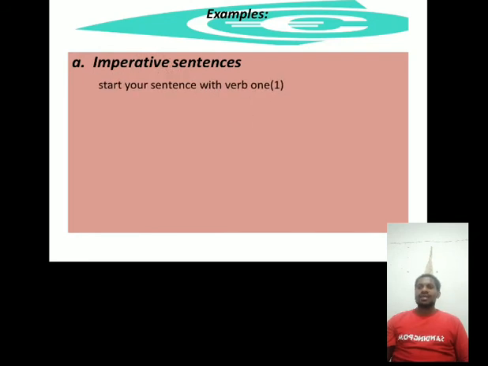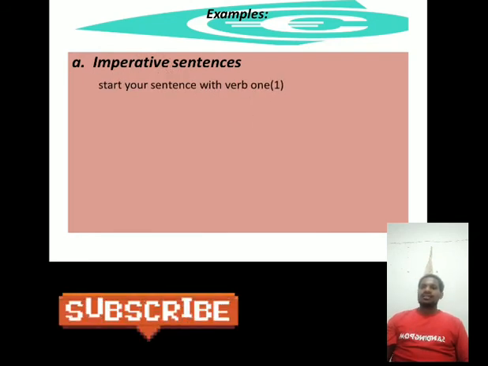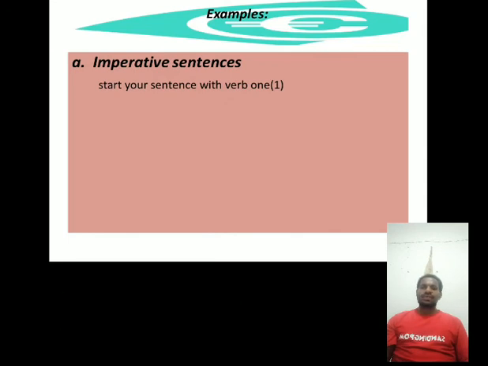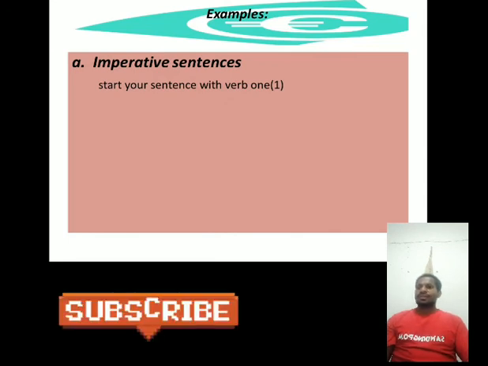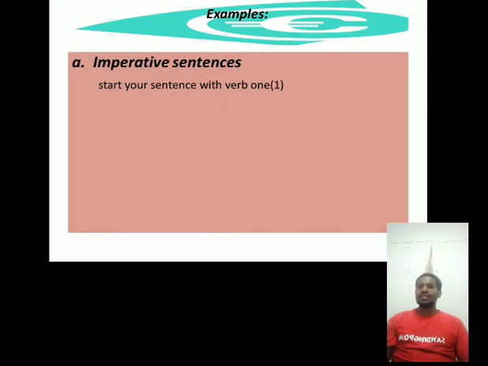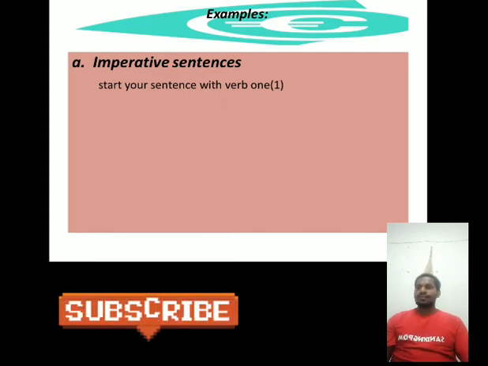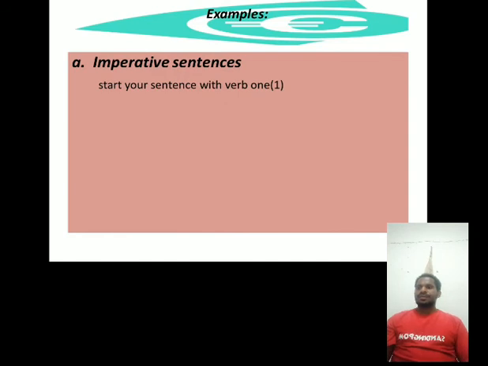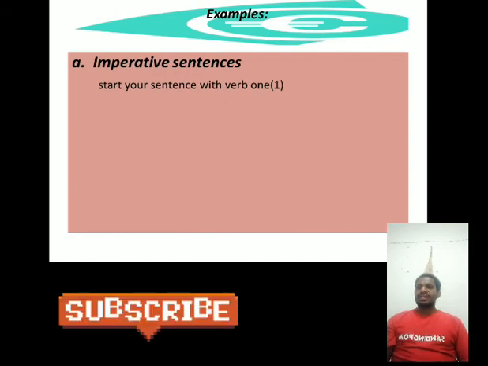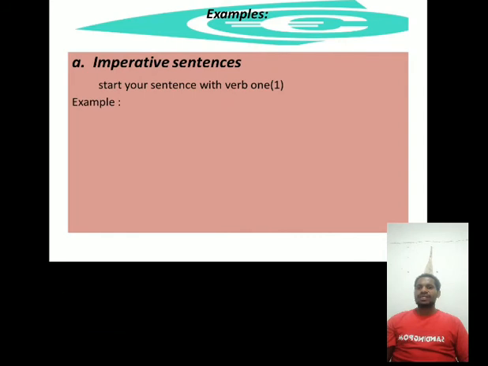Number 1, imperative sentence. Start your sentence with verb 1, or begin the sentence with verb 1.